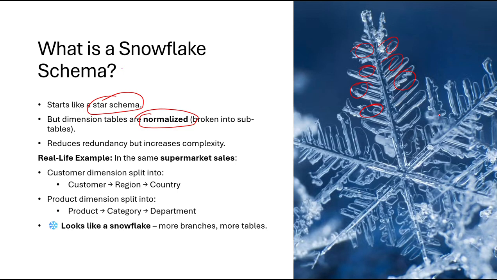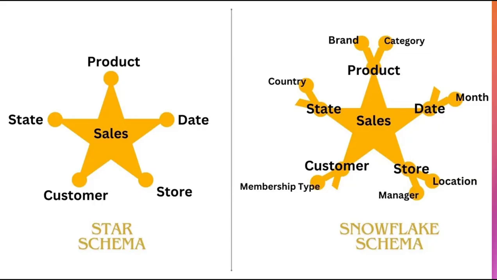That's why it's called a snowflake schema. In a real-life example, a customer dimension is split into customer region and customer country. A product dimension is split into product, category, and its department. In the next slide, you can still more easily understand the star schema and snowflake schema.